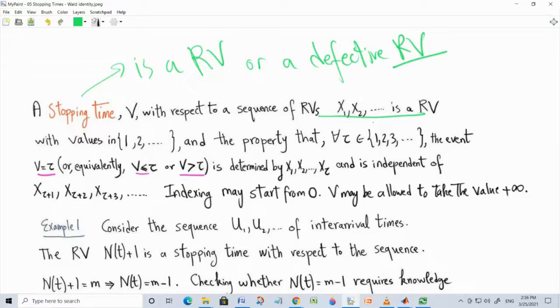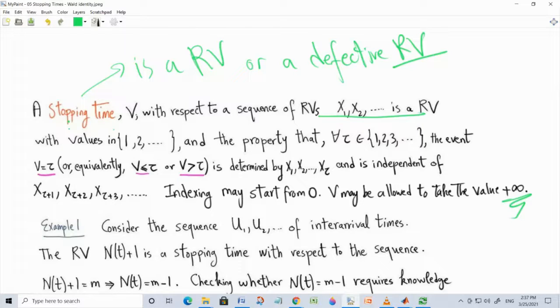The indexing may start from 0, as we will do in Markov chains, but here I will do the indexing from 1. So a stopping time is a random variable defined with respect to a sequence of random variables. When is this called a stopping time with respect to this sequence? This random variable takes the values 1 or 2 or 3 and so on, and perhaps we will allow it to take the value plus infinity.